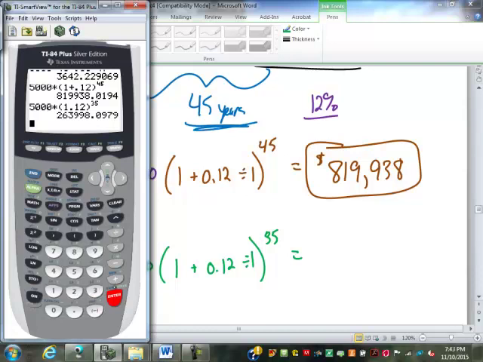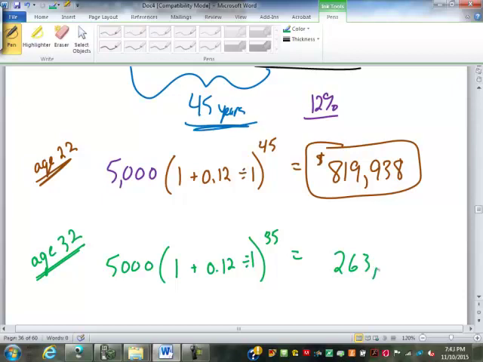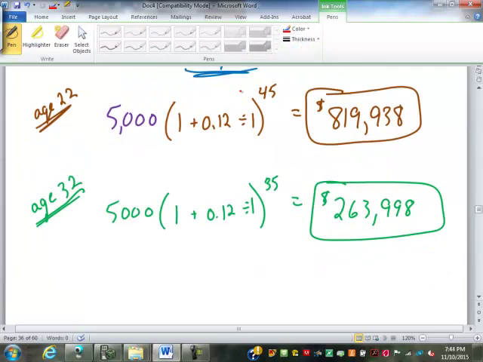I took some shortcuts with my formula. You will only get $263,998. Less than a third of what the person who started at 22 would. Now here's the part where you might see me shed a tear. What if you wait till you're my age? I turned 42 this summer.